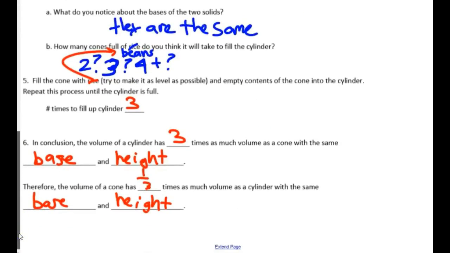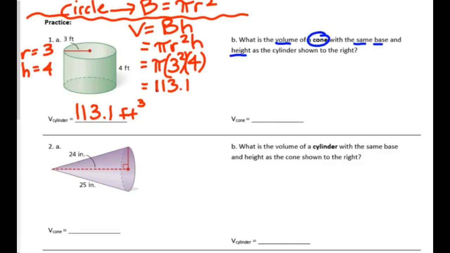So, if we have the volume of the cylinder, okay, and we're looking for the cone, we do 1/3 of the cylinder, okay, which basically means we're going to divide it by 3, okay? So, here's the logical way to think about it, okay? If you have the cylinder and you're going down to a cone, think of down, you're decreasing it, you're going to have to divide.